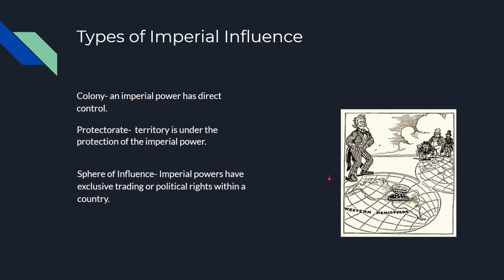So the U.S. had a sphere of influence over South America, and they took very large control over this by having trading partnerships with South America, or even just direct control over them, sometimes politically speaking. But they had a sphere of influence where they had exclusive trading or political rights within that country.